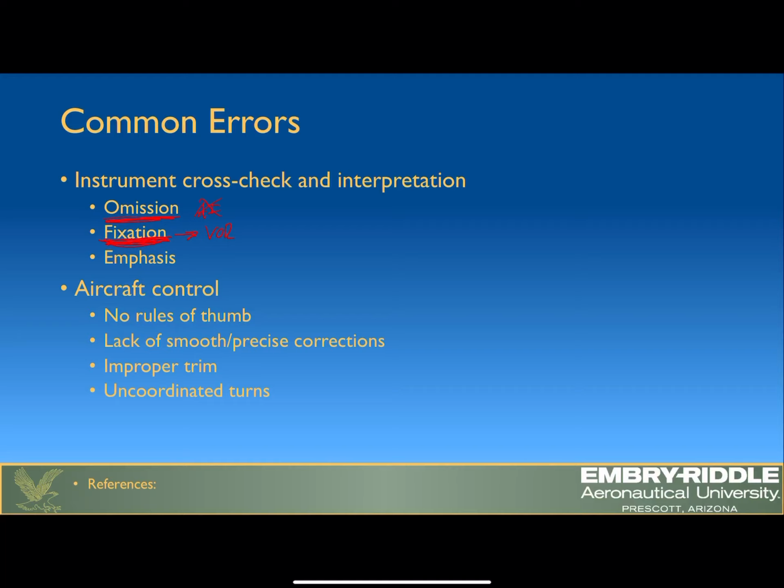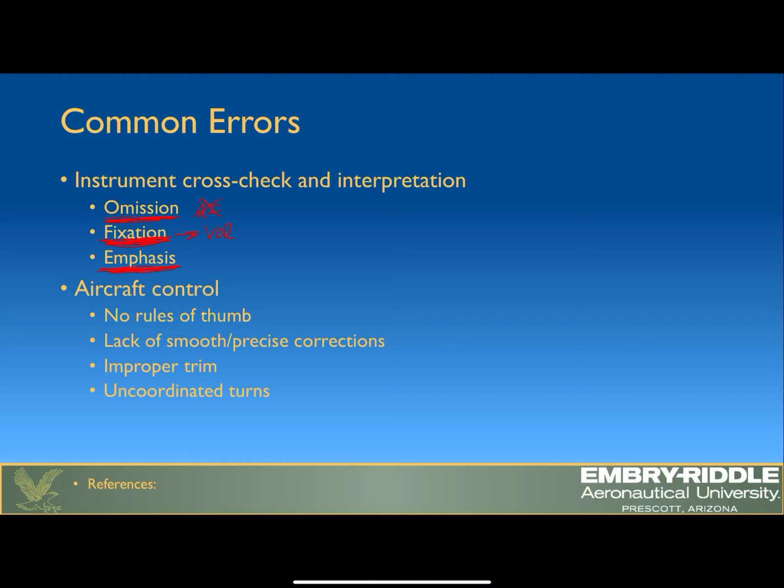And then the last one is emphasis. Very similar to fixation, but emphasis means you put too much attention on a certain instrument or a certain set of instruments. So maybe you put too much emphasis on your altitude. You're just micromanaging your altitude, or you're micromanaging your airspeed.